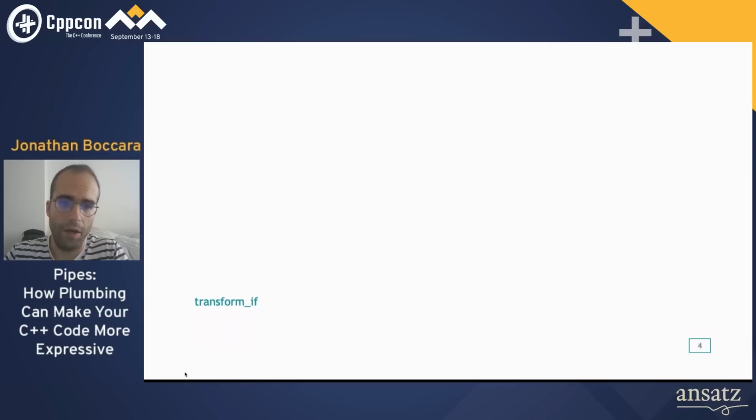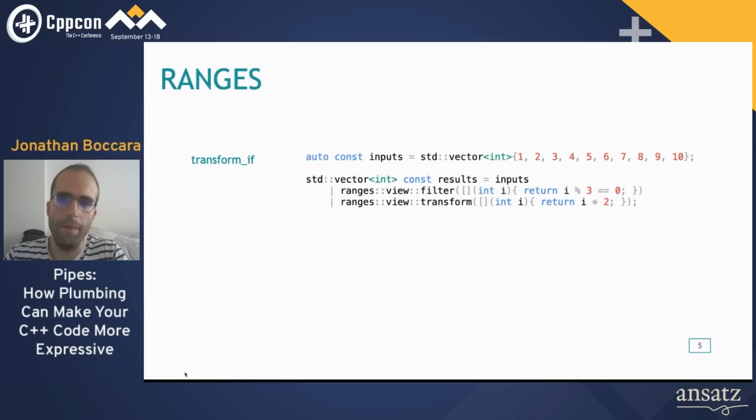With ranges, though, this is extremely convenient. This is a great illustration of using ranges, I think. We've got inputs, and we pipe them into a range adapter called filter, and we pipe that into a transform adapter that applies a function, right?